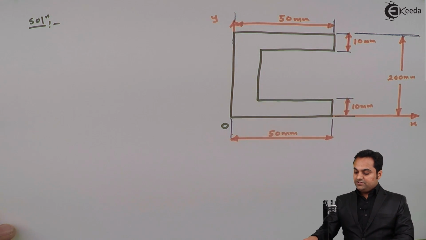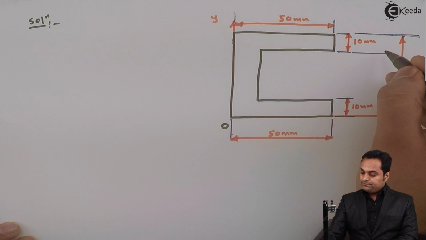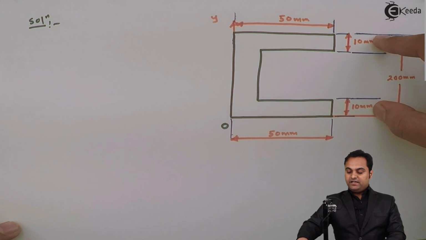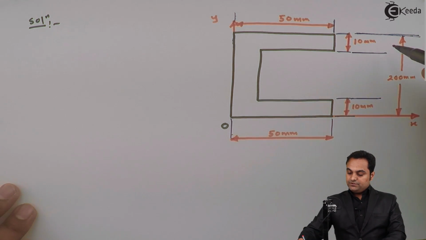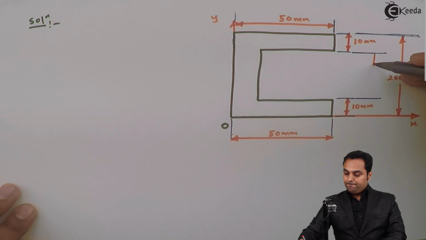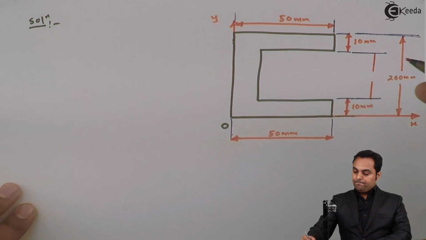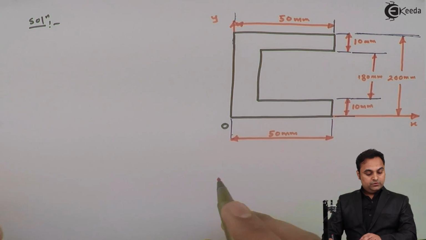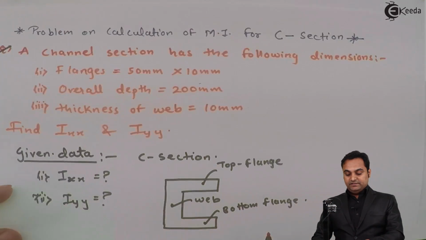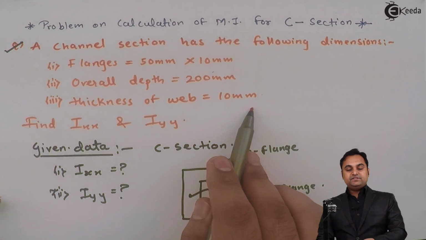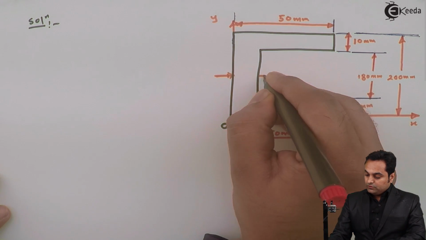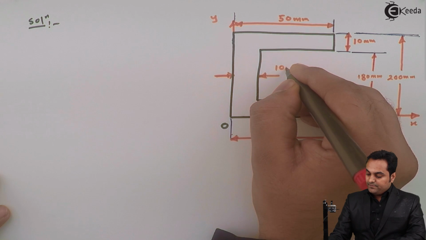So it means this remaining distance is 200 minus 10 minus 10. So this becomes 180. Now it is given that the thickness of web is 10 mm. So here we have the web thickness as 10 mm.